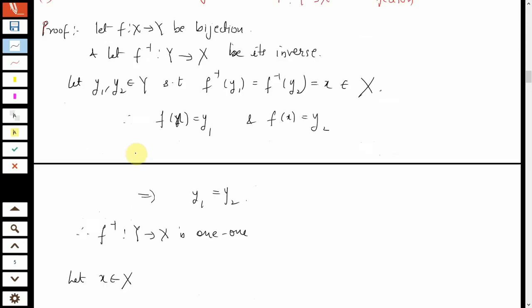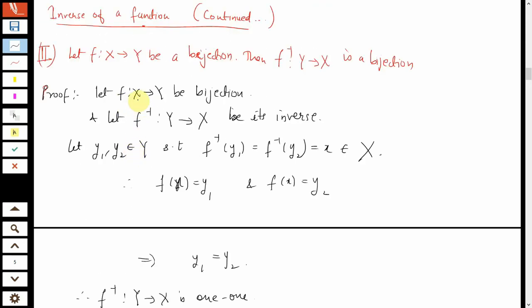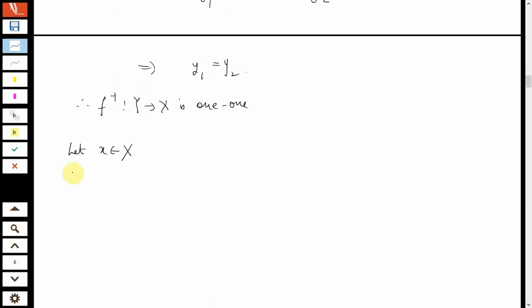If x belongs to X, if I consider the map f from X to Y, so for each point in X it's going to have image through f. So I'll call it y. So let y be equal to f of x which falls in Y. Right? Now use the fact that f is surjective. Fine. In fact it's clear from here itself.